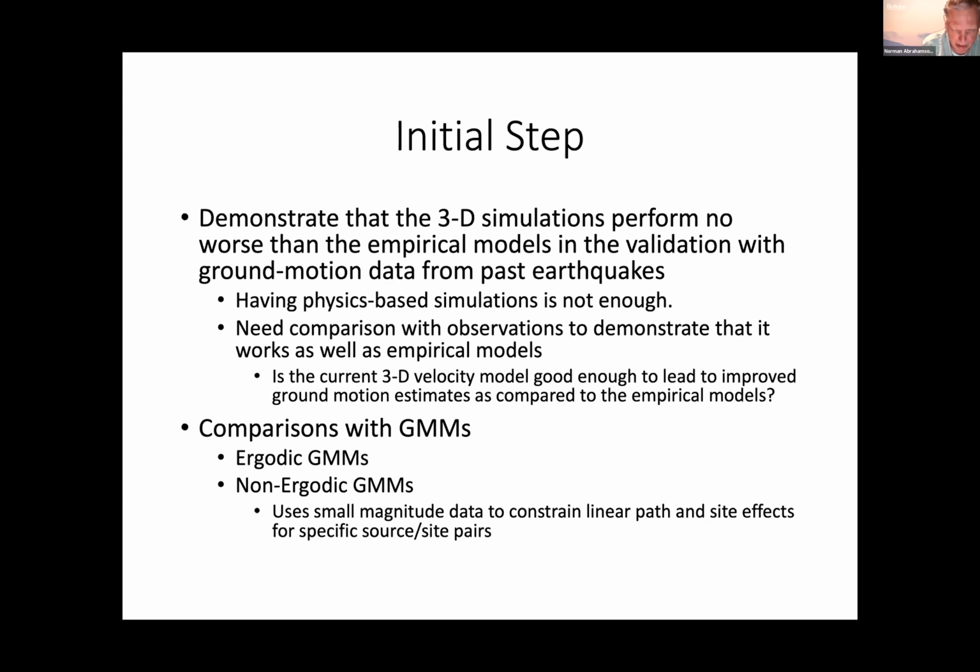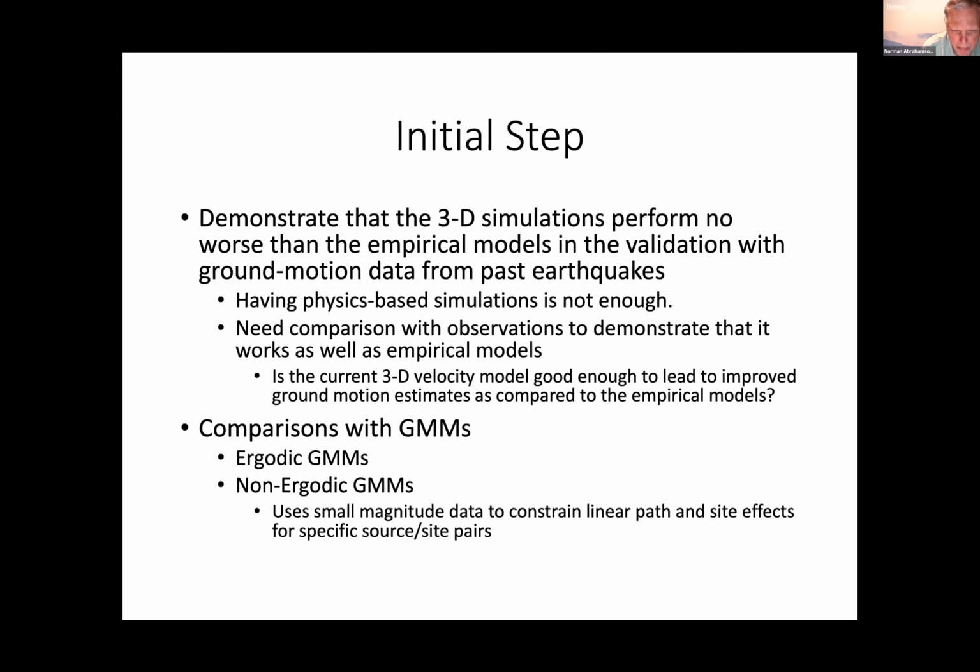So you have to compare with observations and demonstrate that it's working as well as the empirical models. This comes back to really whether the current 3D velocity model is good enough to actually give improved estimates of the ground motion compared to the empirical models. You might have all the right physics, but our 3D model is just not accurate enough and is making things worse than something simpler.